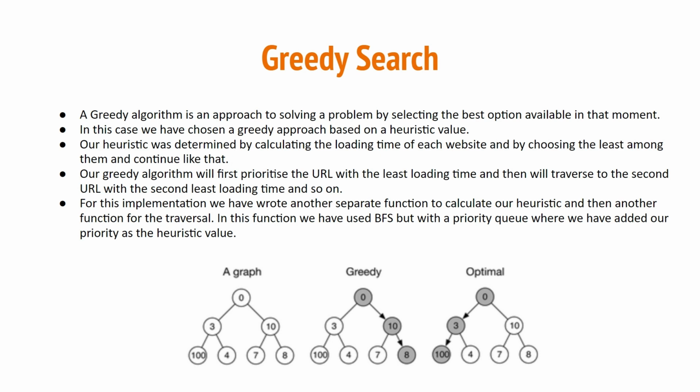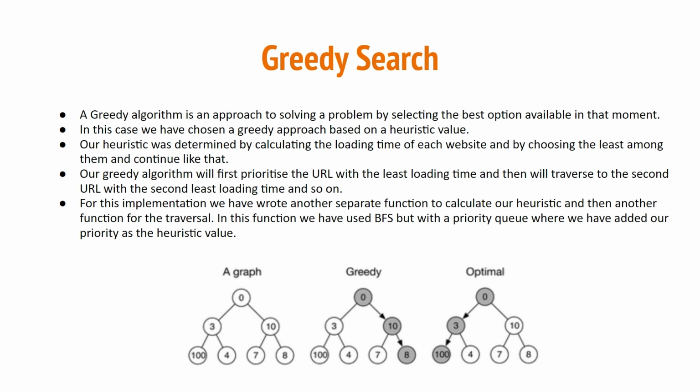The immediate best choice is always taken in the greedy choice, and in this case, we provided a heuristic in the form of the loading time of a page, so the algorithm would look at all its available nodes and then make a choice based on the least loading time.